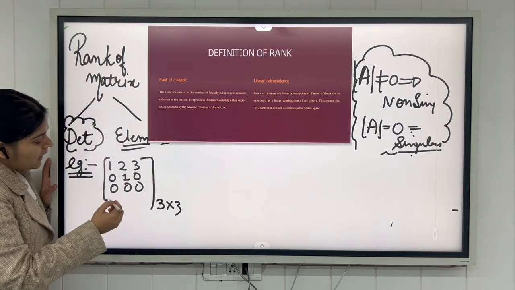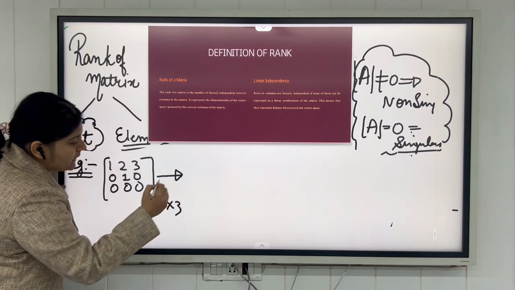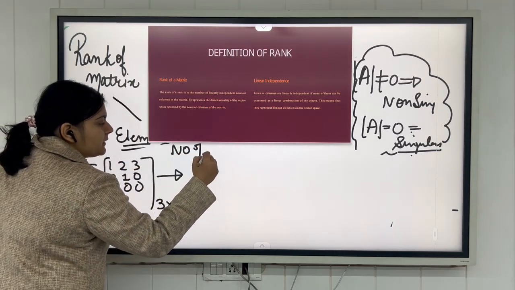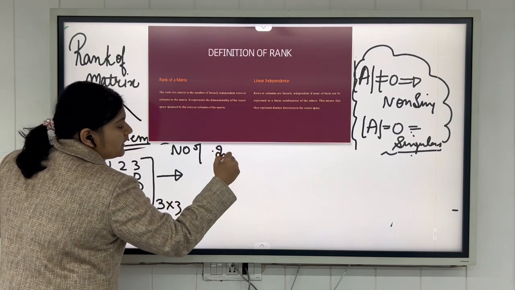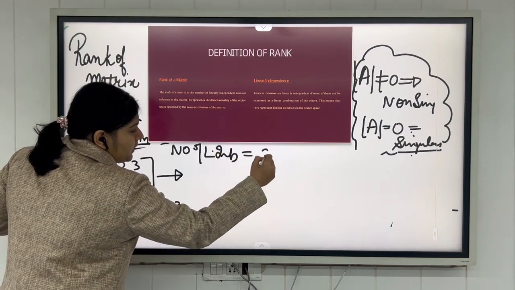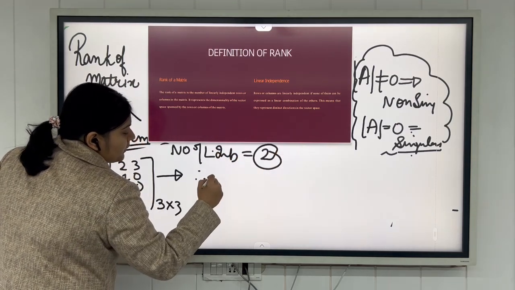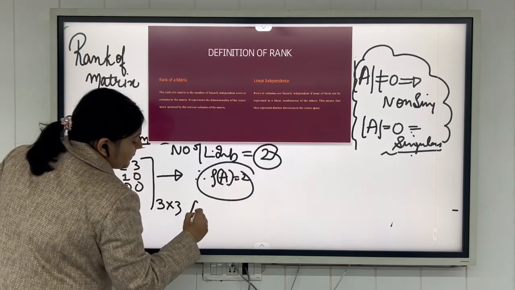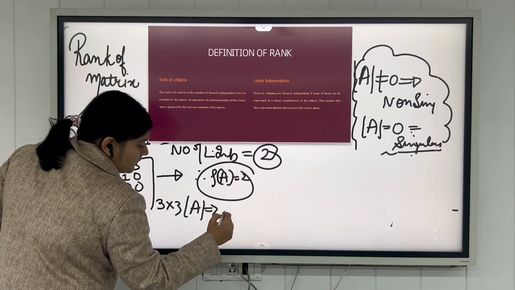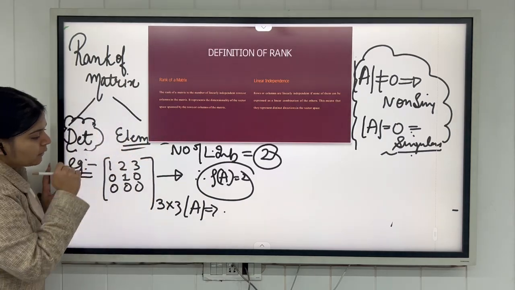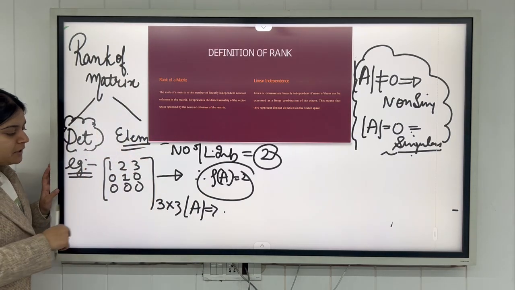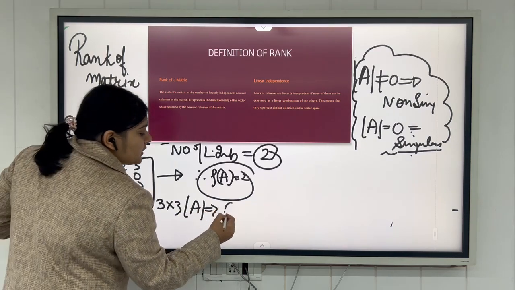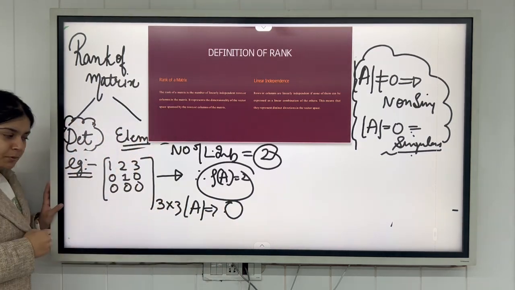To calculate the rank by the straightaway method, you just find the number of linearly independent rows, which is 2. Therefore, the rank of this matrix will be 2. But if I want to use the determinant method, you apply the determinant on the 3 cross 3 matrix, and you will get the value of the determinant as 0.